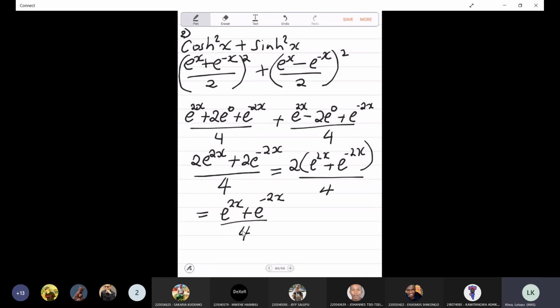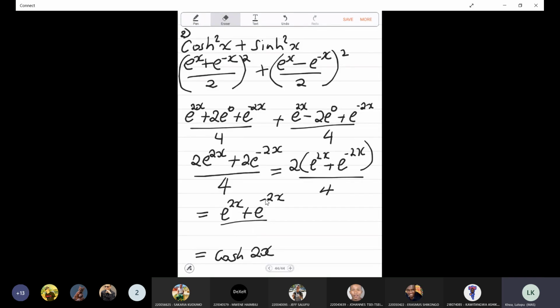And this looks very similar to the cos hyperbolic of x, and this is in fact equal to the hyperbolic cos of 2x. So this time instead of x, because you can see our exponents are not just x and minus x, our exponents are 2x and minus 2x.